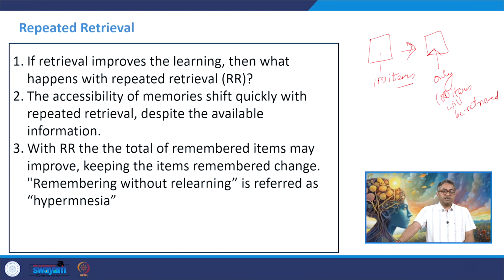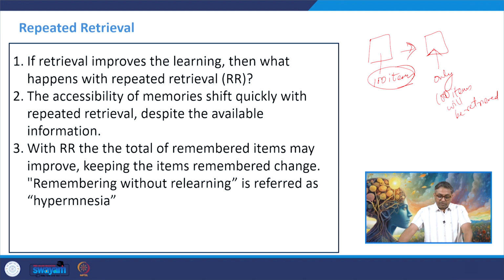When we think about this, then assemblies of neurons are there, billions of neurons coordinating with one another. As a result, this shift could be a cellular shift, can be a synaptic shift, and the information can be retrieved from different parts of the brain also, despite the available information which is already there.